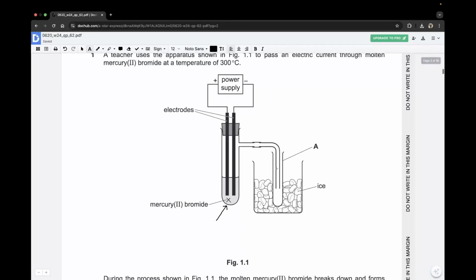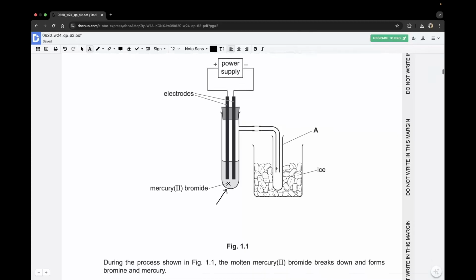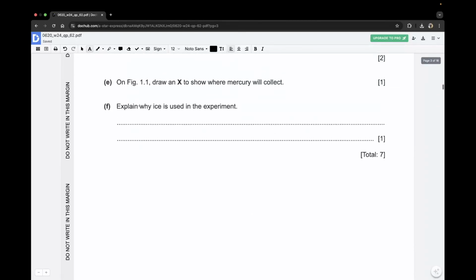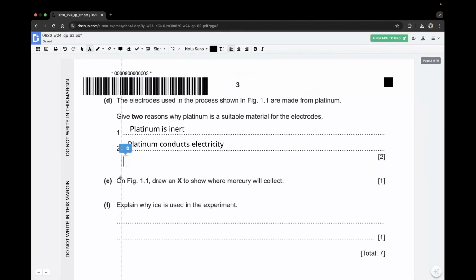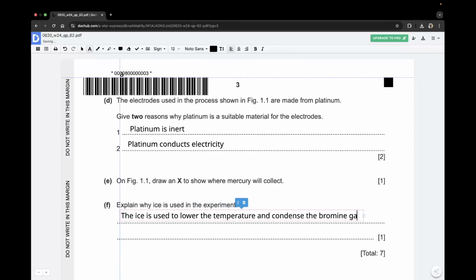You need bromine as a liquid, which is why this ice is used to lower the temperature and condense the bromine gas.